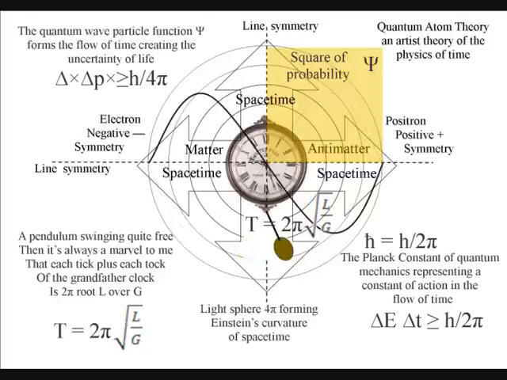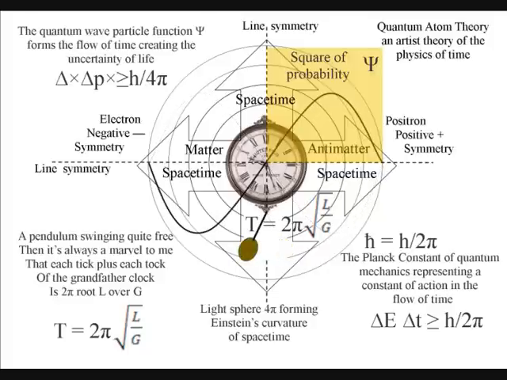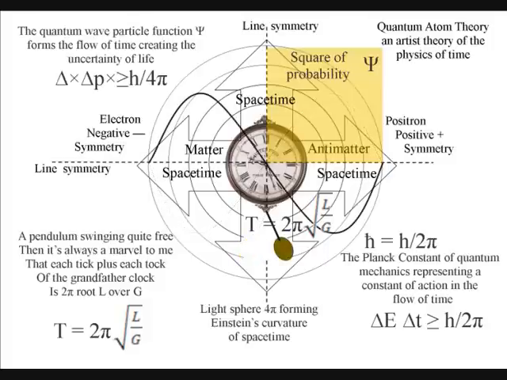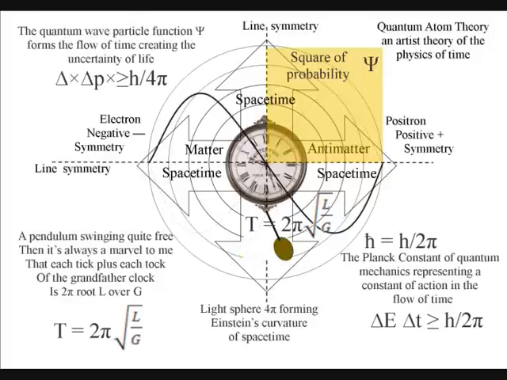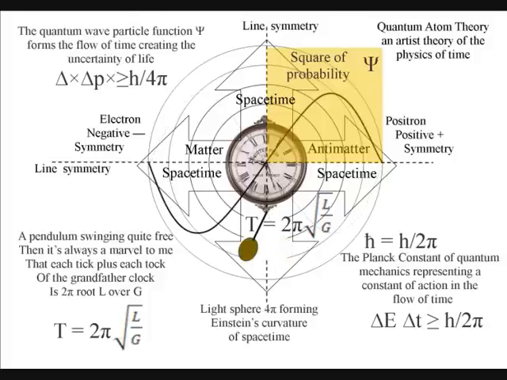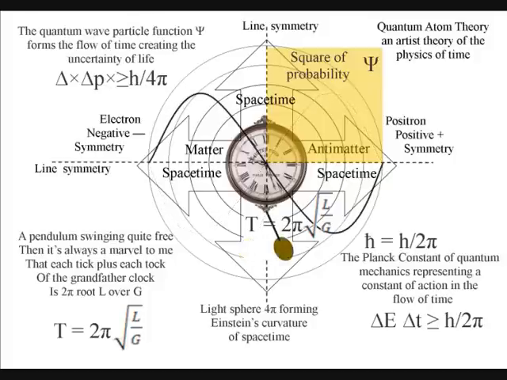In the lower right-hand corner of the diagram, we have the Planck constant, h over 2π, representing a constant of action in the dynamic process that forms the arrow of time. Also, we see Heisenberg's uncertainty principle reformulated with energy and time, with 2π representing the timeline, instead of 4π representing three-dimensional space.